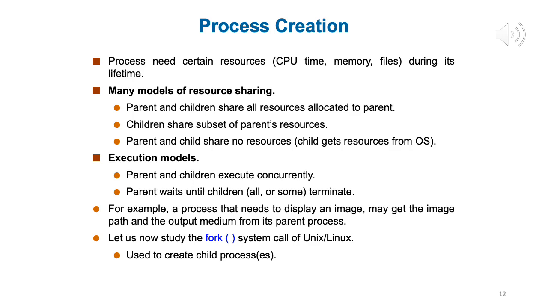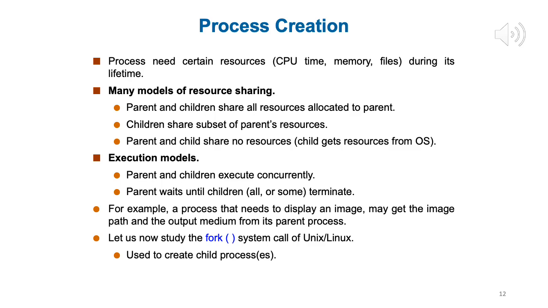CPU time, memory, files, and so on. Now the question is, when you have this parent and child process, what kind of model do you want to go for when you share these resources? For example, if a parent has a file open, does the child get automatic access to it? Yes or no? Right. So you can have different models, different policies.